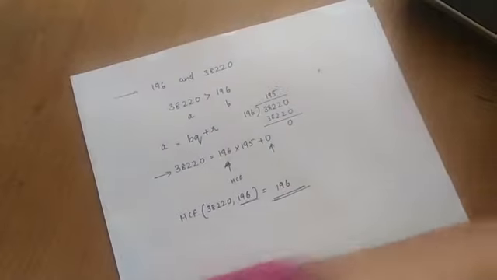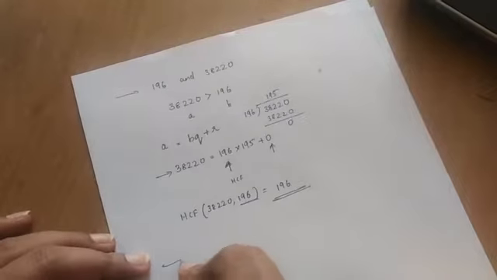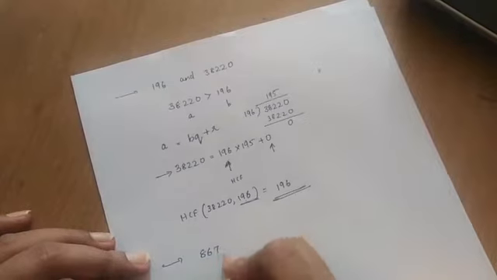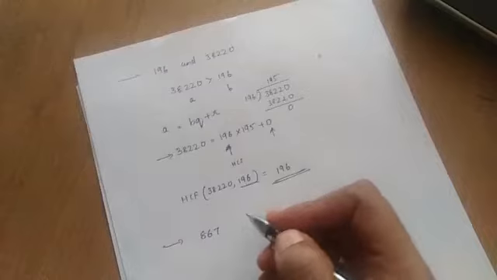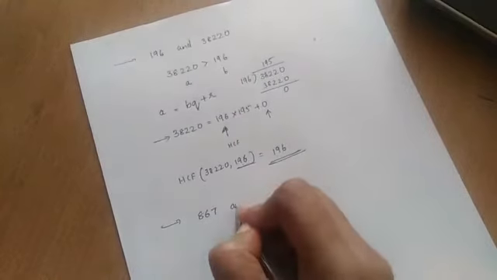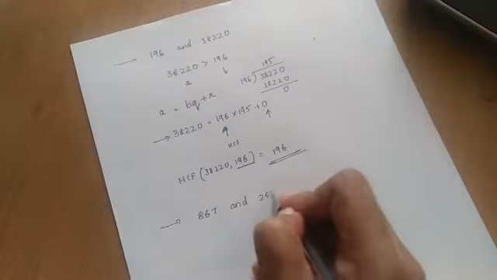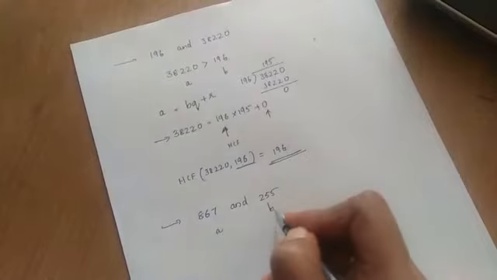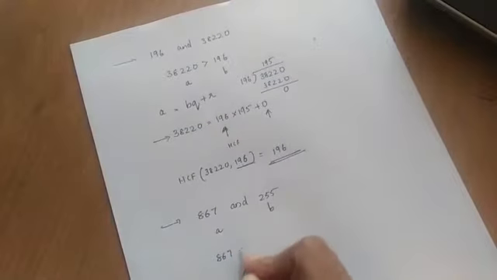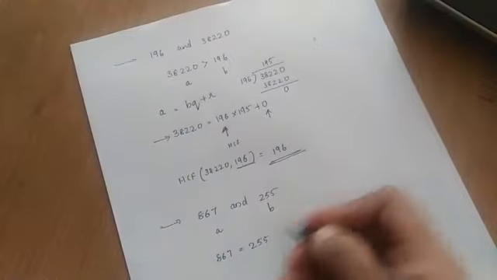Next question is the HCF of 867 and 255. This is the A and this value is the B. 867 is equal to 255 into 3 plus 102.